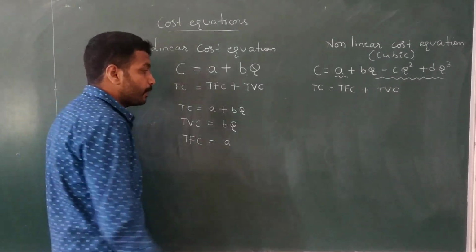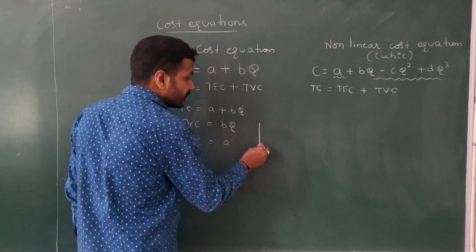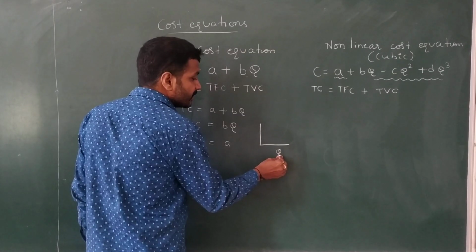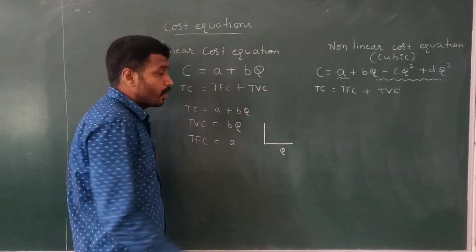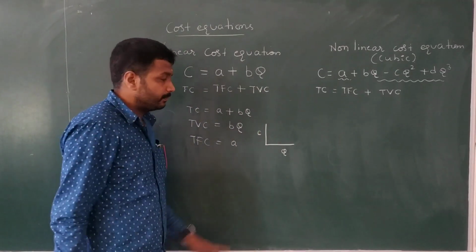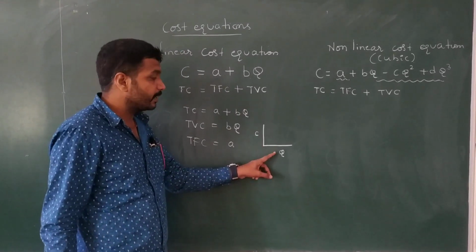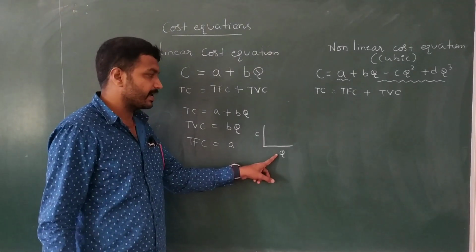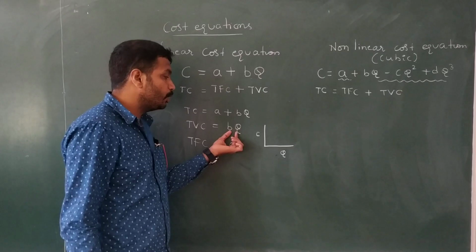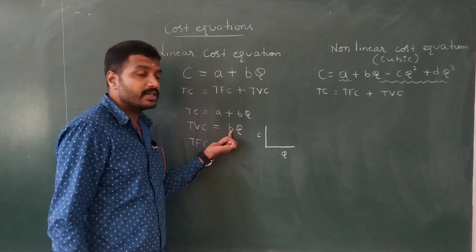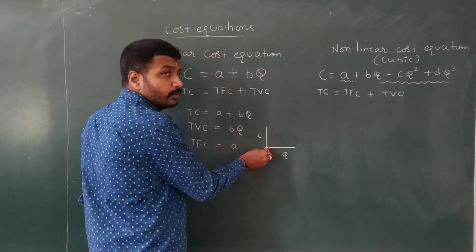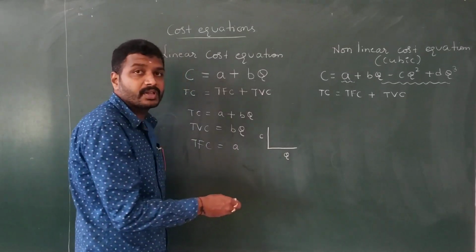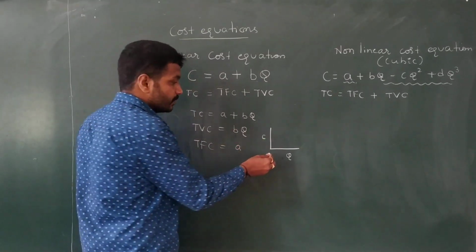When we plot versus Q, since cost is on the y axis and output is on the x axis, when we plot BQ, since B is a constant, it starts from the origin and increases linearly.